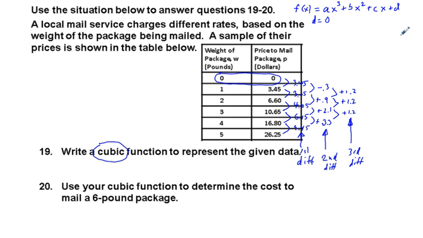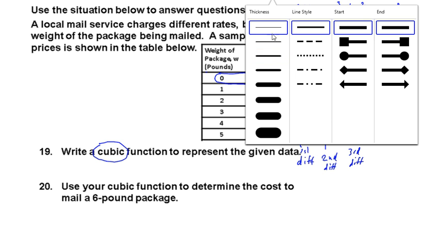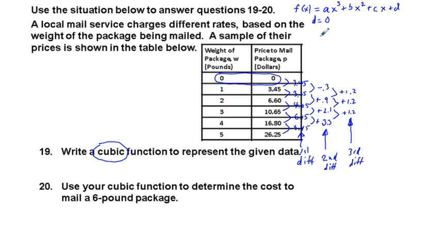Okay, the next equation we're going to look at to find the a, b, c, d, I'm going to write this up here. To find what a is, we have our third difference equal to 6a.